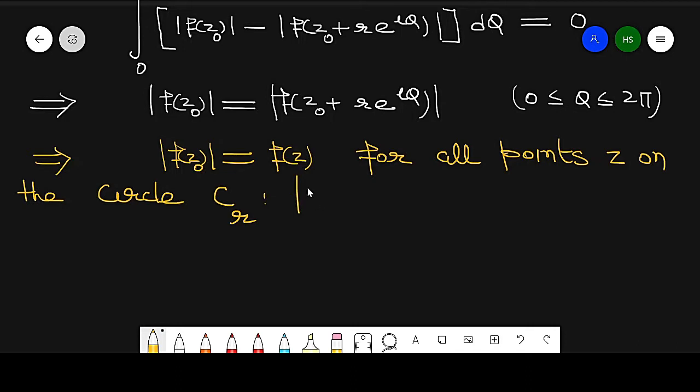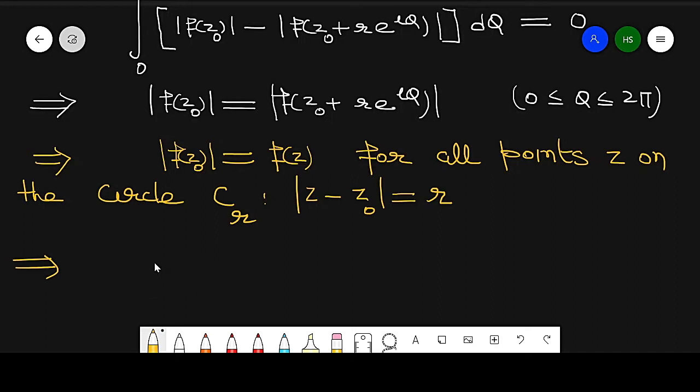What is that? That is |z minus z naught| equal to r. So this is for all these points. Then it implies this circle lies in the neighborhood of z naught.